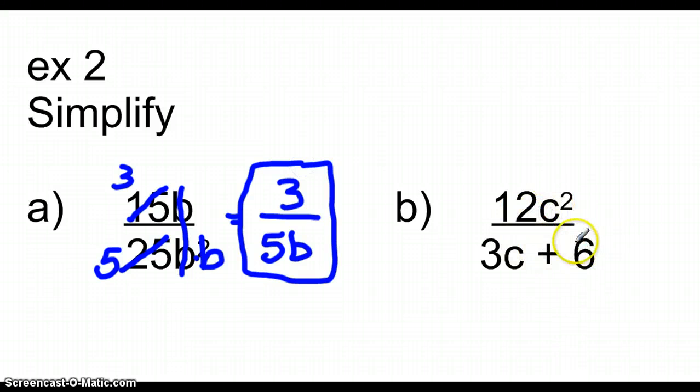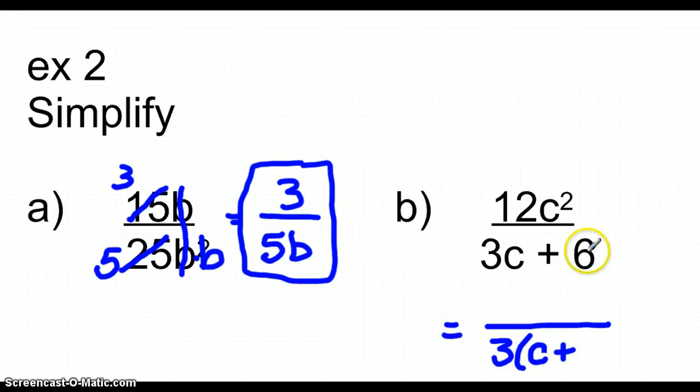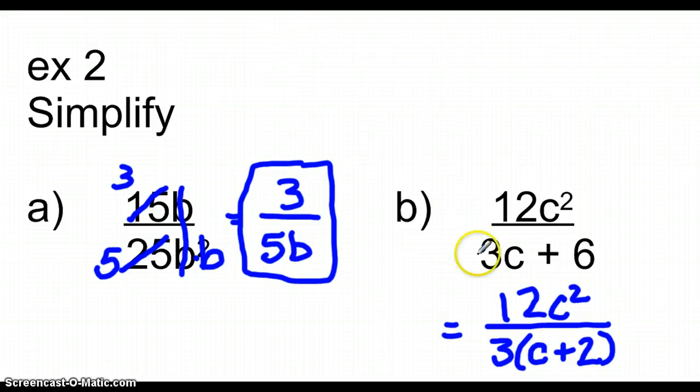Now in this one, I can see on the bottom that there's a 3 that I could pull out, which means if I divide this by 3, I'll be left with c. This divided by 3 would be 2. And then I have 12c squared. Now there isn't a big piece with the c's that can reduce, but at least the 3 and the 12 can.